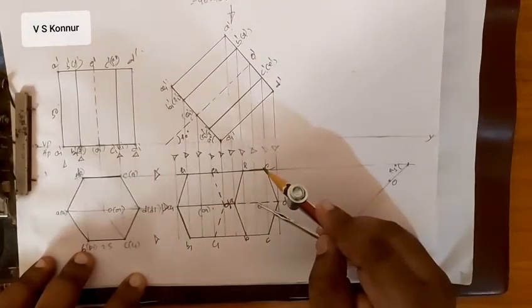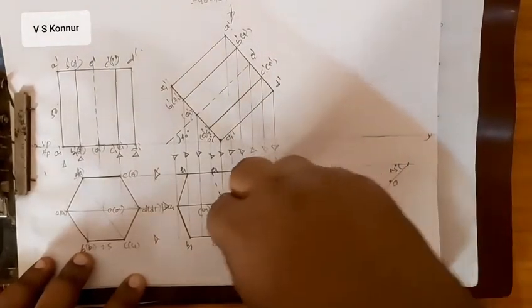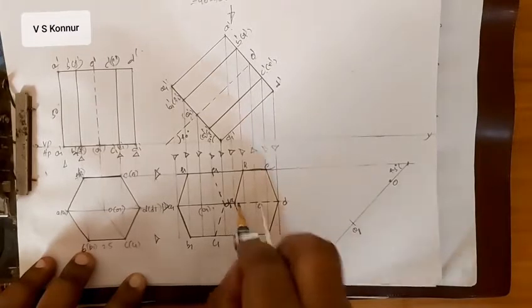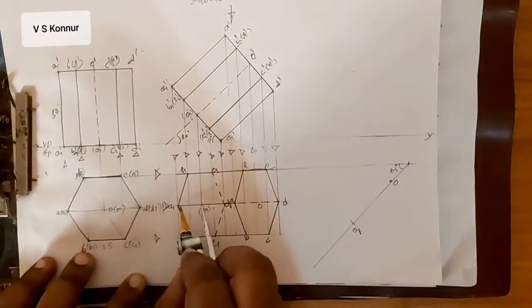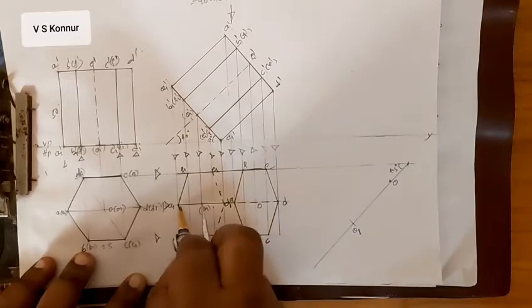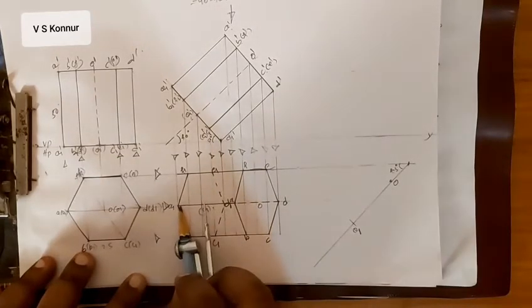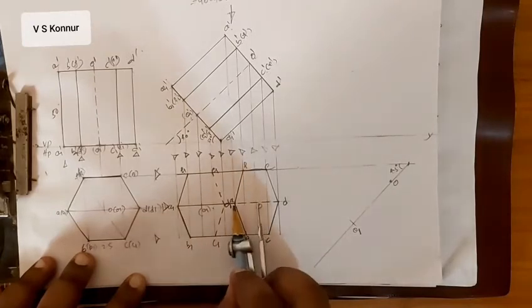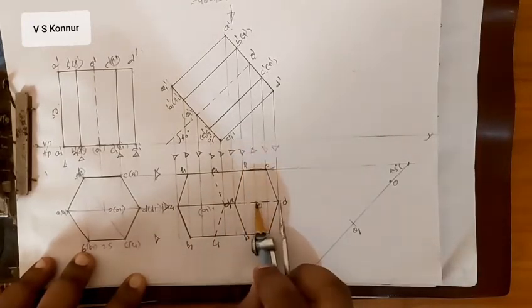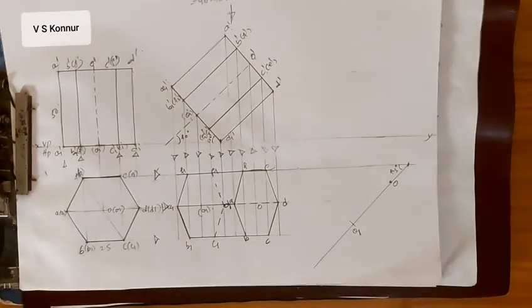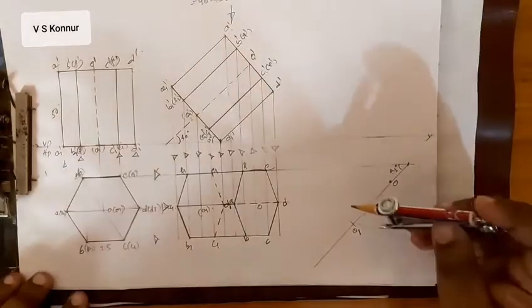Now this distance, see here what distance I am taking, OA, or you can take OA1, A1 distance. This distance, this distance, this distance are the same. All the distances are the same. There is no change in the distance.